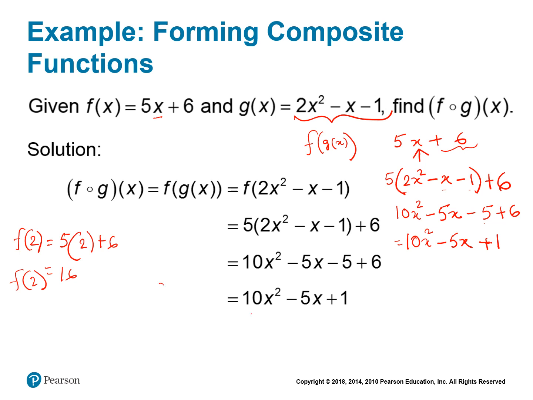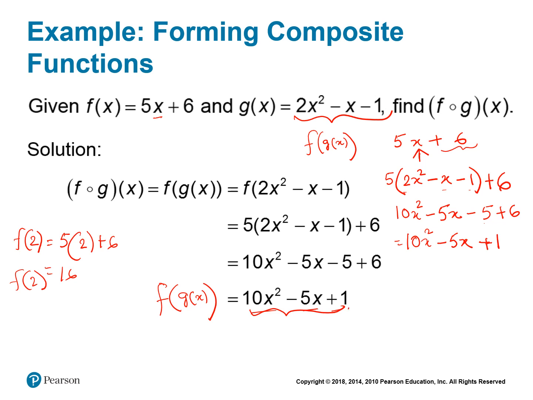All right, and that's what they got here too, right? 10x squared minus 5x plus 1, and that's what f of g of x is. So when we formed the composite function here, we came up with a totally different function, 10x squared minus 5x plus 1.